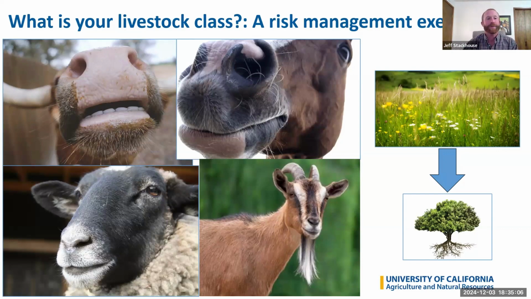I'm just trying to point out that if you look at the top two images on the left, a cow has a very wide mouth, and you can't see it in this picture, but a cow does not have teeth on the roof of her mouth. So she's really not designed to pick leaves off of a tree and have a minute grazing strategy.